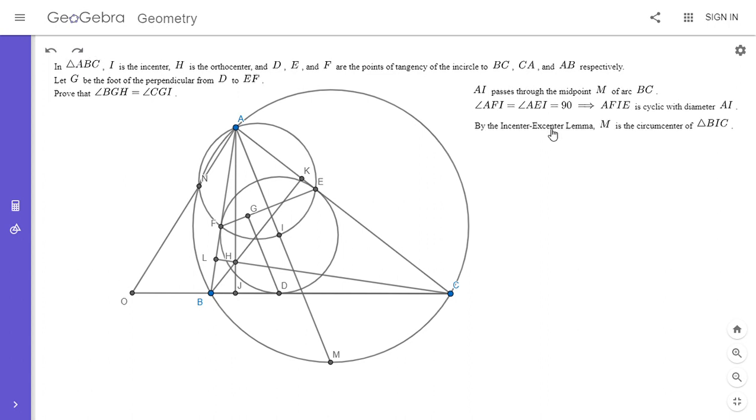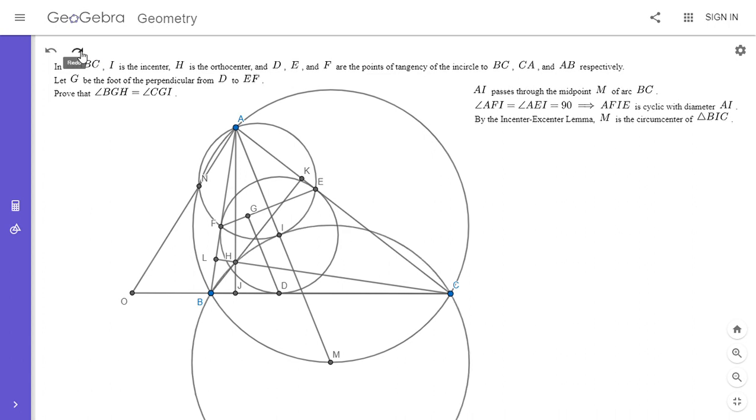So I'm going to write that out. So M is the circumcenter of triangle BIC. So there's a circumcircle. All right. So MI is a radius of that circle, and AI is the diameter of this other circle. And so from there, it's easy to see that the two circles have to be tangent at point I.